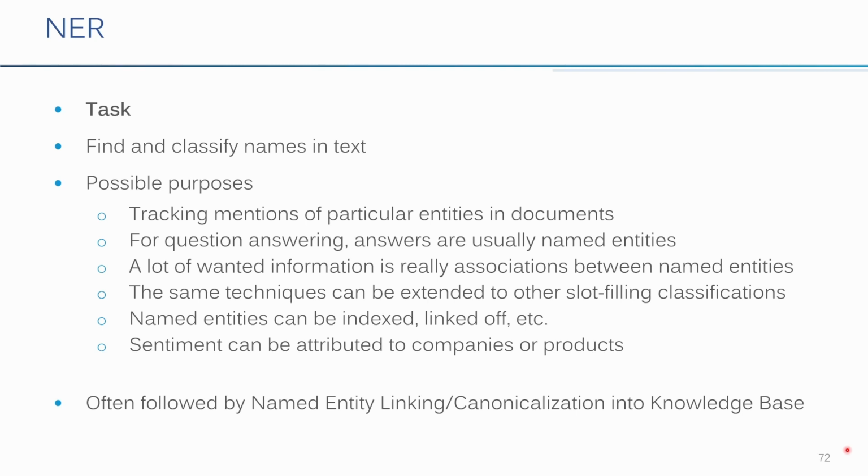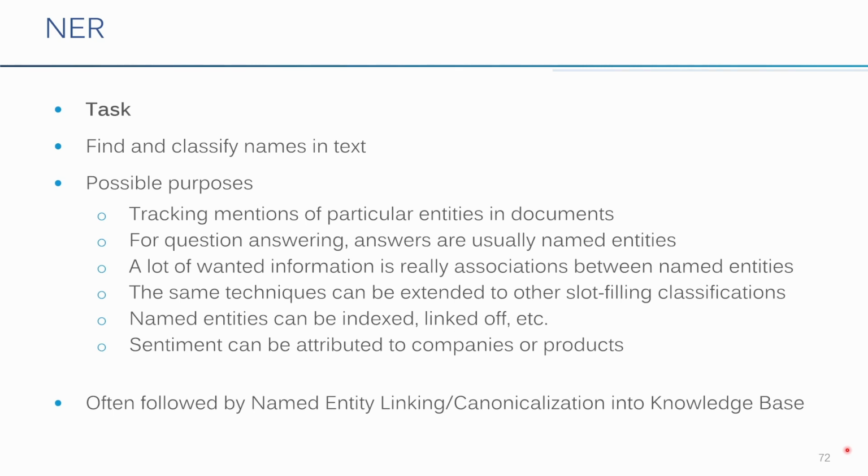And also, these named entities can be indexed, linked, etc., in a way that if you're able to map what the entities in your text are, you can probably make use of some structured knowledge in lexical databases or even knowledge graphs to bring external knowledge that was already created somewhere else into whatever task you have.